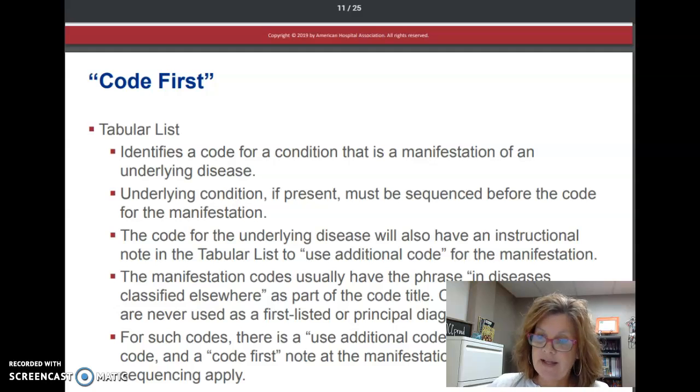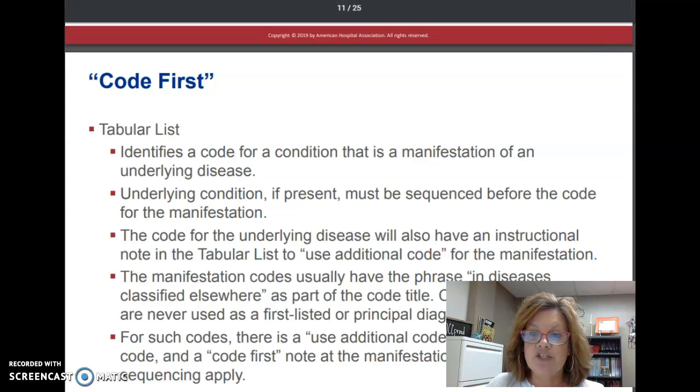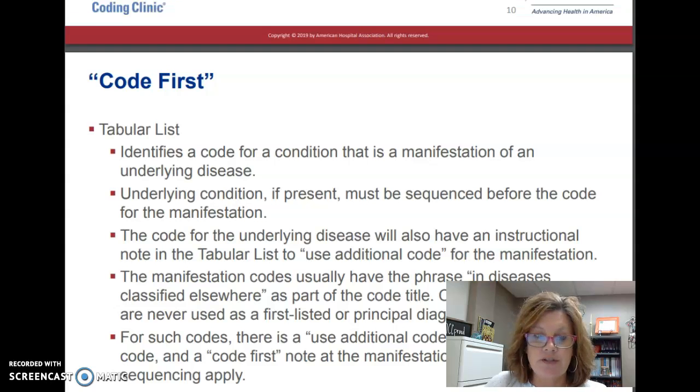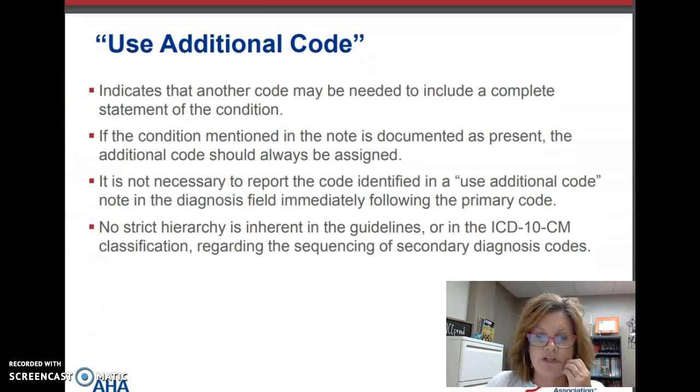And when it references you to go that route, you need to code that first. Or if it tells you to use an additional code for the manifestation, you need to use an additional code. So one thing about these rules and conventions is just to follow what the code book is telling you. Okay, same thing I said with the additional code.